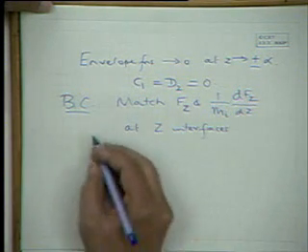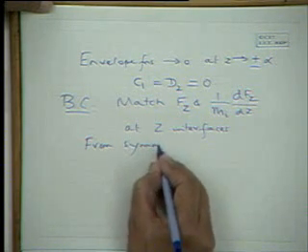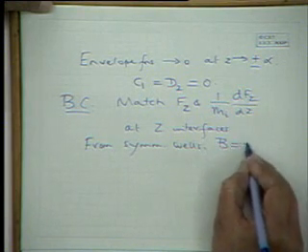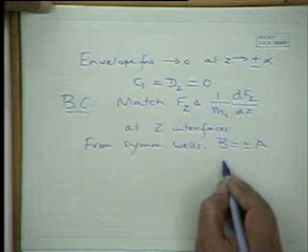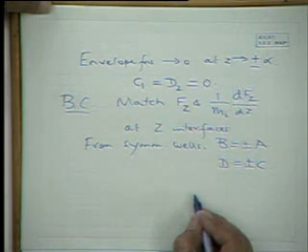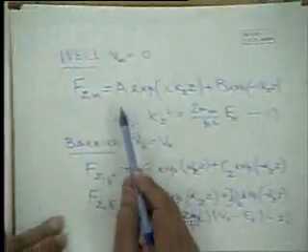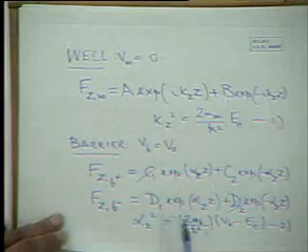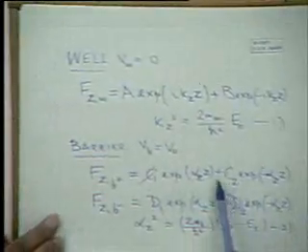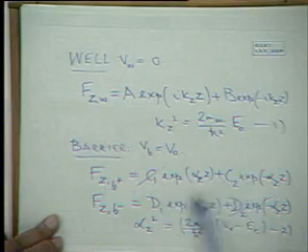So from the symmetry of the wells, we find that B is equal to plus or minus A and D must be equal to plus or minus C. Well, this C2 just becomes C and D1 becomes D, so these must be plus or minus.